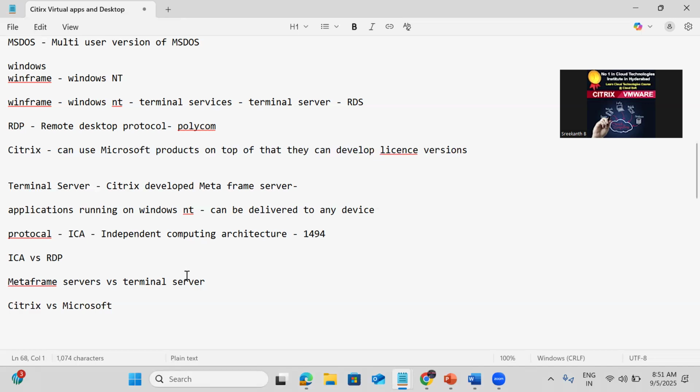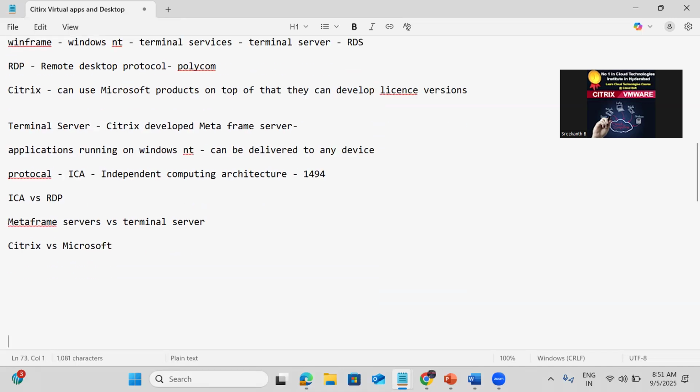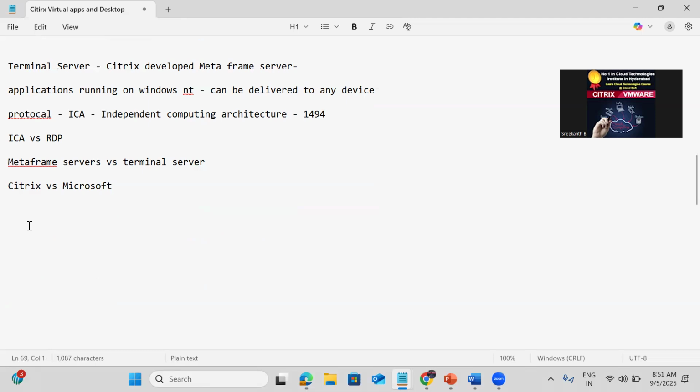So in order to respect the ICA, Citrix has renamed the MetaFrame server as the presentation server, because that ICA belongs to the presentation layer. Okay, the presentation server got huge success again.